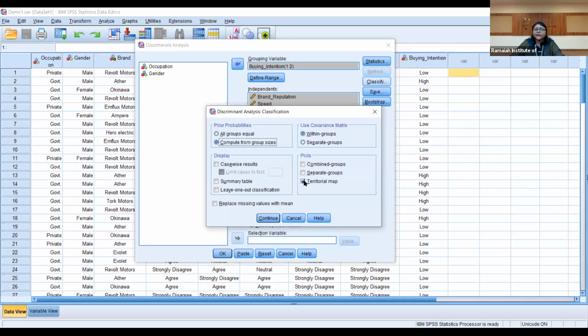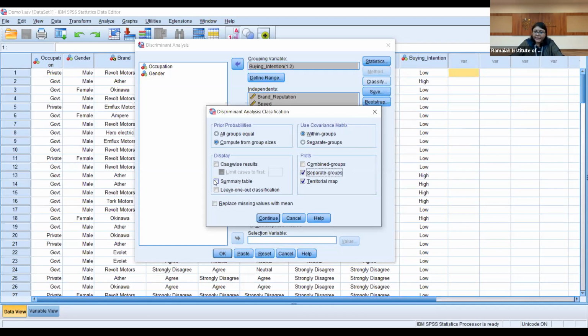In the plots, if I want to see the combined groups or separate groups, that means separate plots for individual groups. If I combine them together, for high and low together, I can see that too. And this territorial map is again a pictorial representation in which we can see these plots. So let me consider the separate groups and territorial maps. Now in display, you can see there is a case-wise results option. That means if you want to limit your cases to the first few, then you can go ahead with this option.